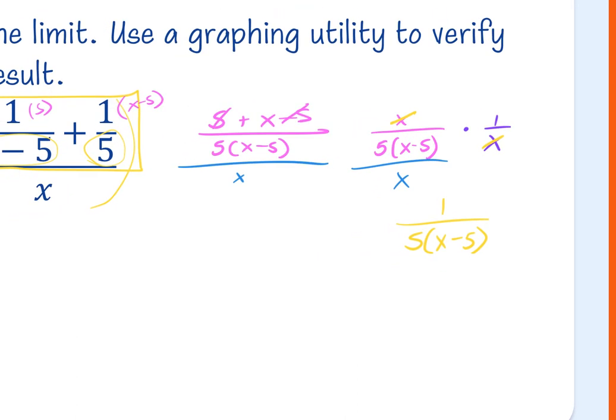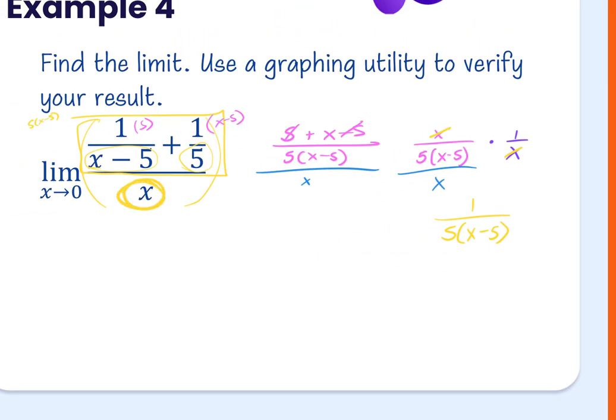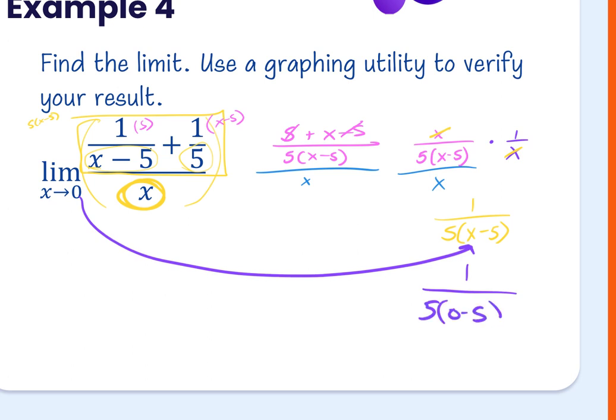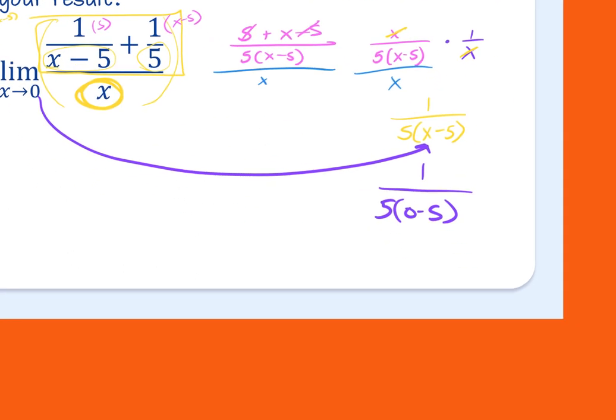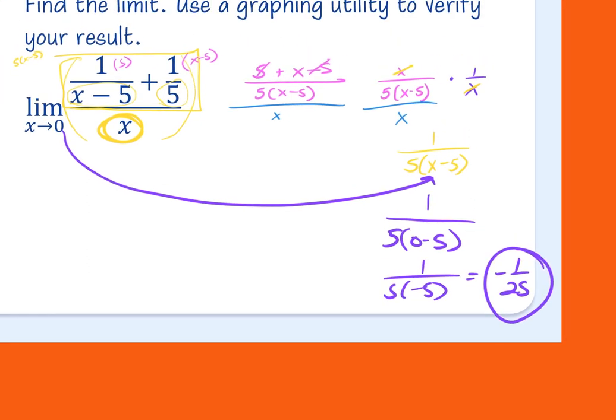But what that process just did was eliminate the x from a denominator. So now I can plug in 0. I get 1 over 5 times 0 minus 5. 1 over 5 times negative 5, or negative 1/25. And that's your limit.